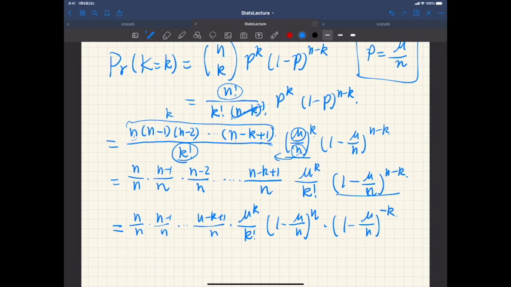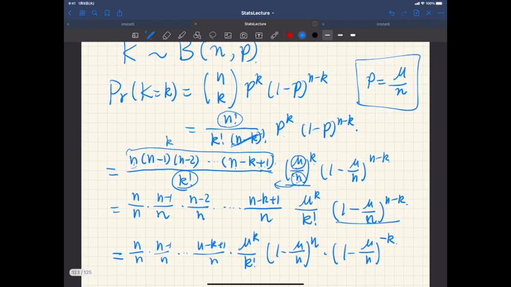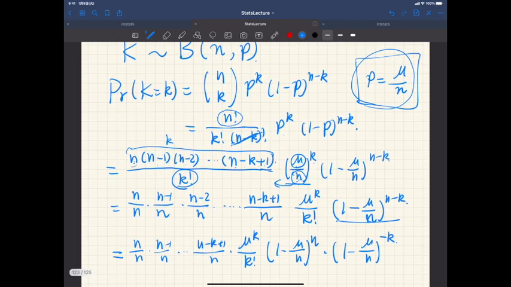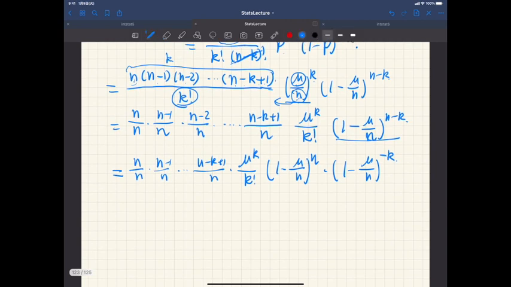Now, remember this one? From here, we have mu equal to np. Let's keep this mu constant, but we move n to infinity. Since mu is constant, if we move n to infinity, then p must move to 0 to cancel this out.